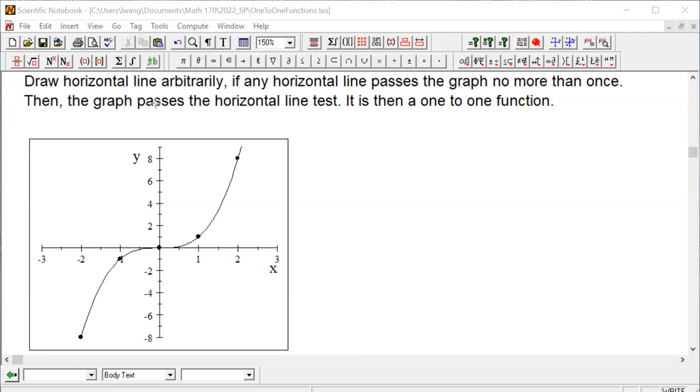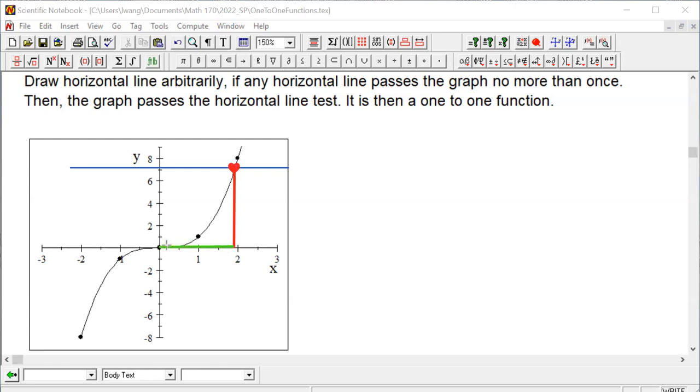Okay, all right, so for this horizontal line I draw here, it crosses exactly once. So at the crossing, it says for this output, there's only one input for it.